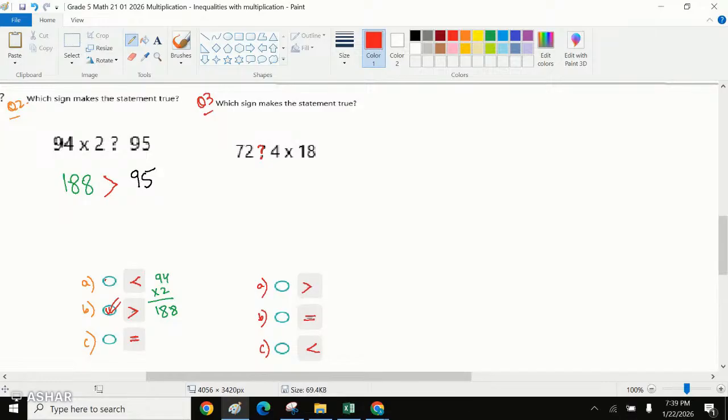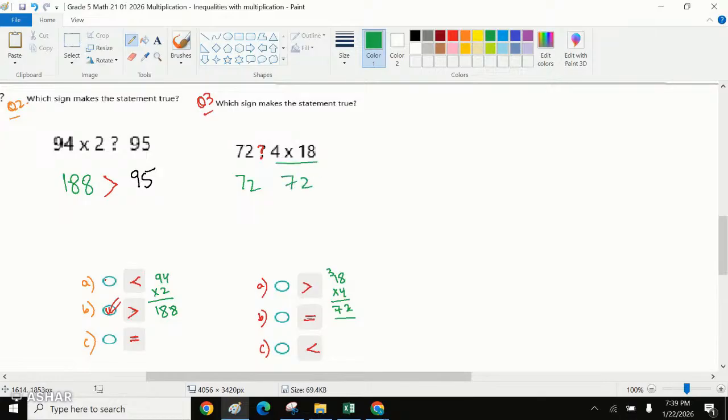We know that 18 multiplied by 4 is, what is it, 18 multiplied by 4? 8 times 4 is 32. 4 times 1 is 4, plus 3 is 7, so 72, right? So can we say 72, and this was also 72?